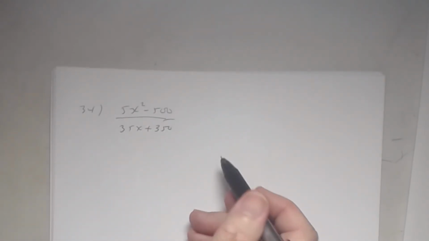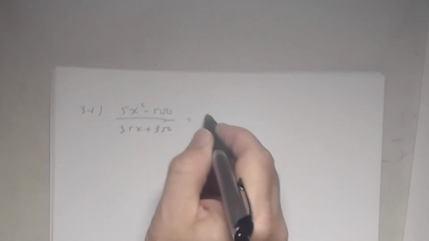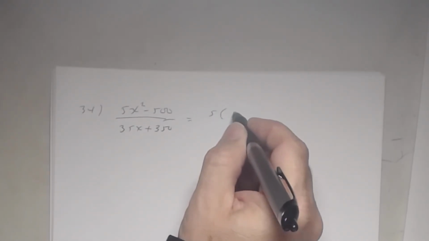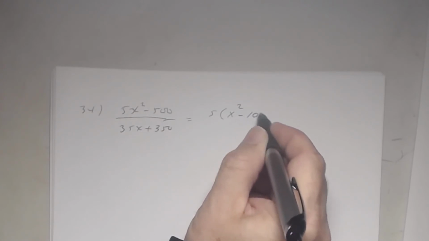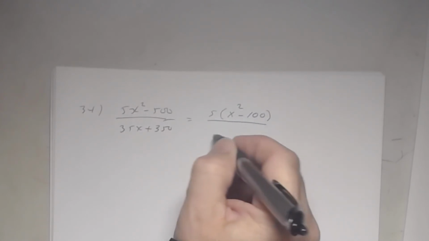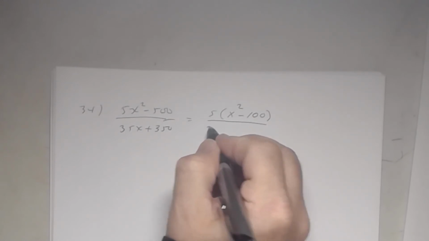So what are you going to do? GCF would be 5, times x squared minus 100, divided by 7x, is that a 35? That's 35.